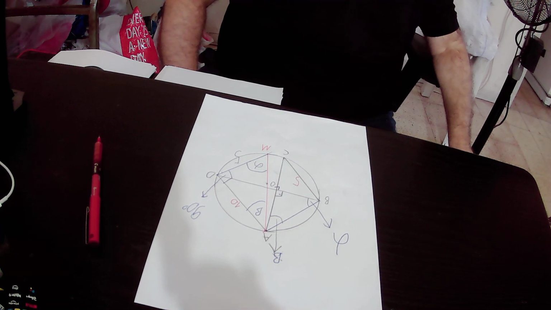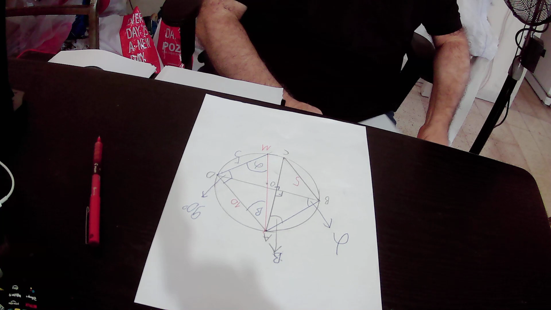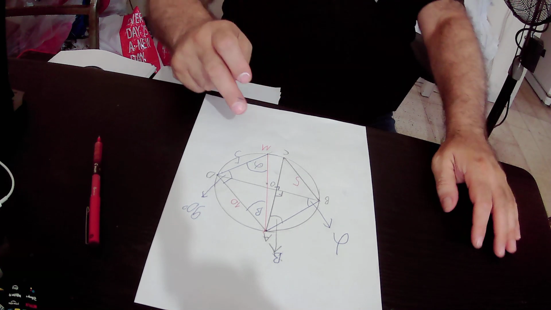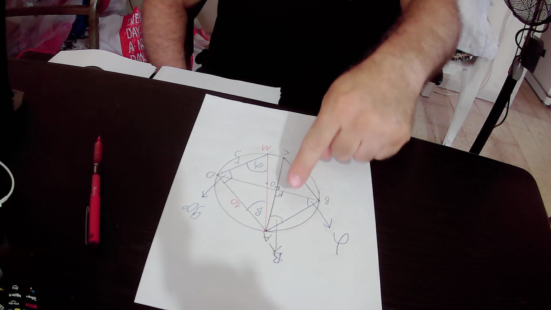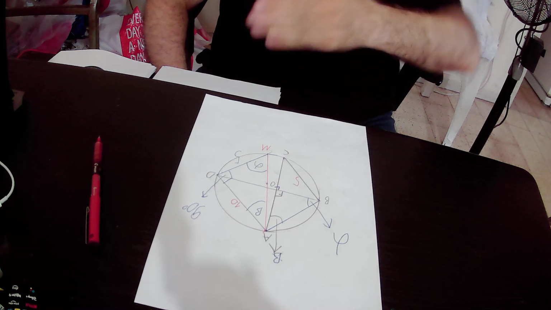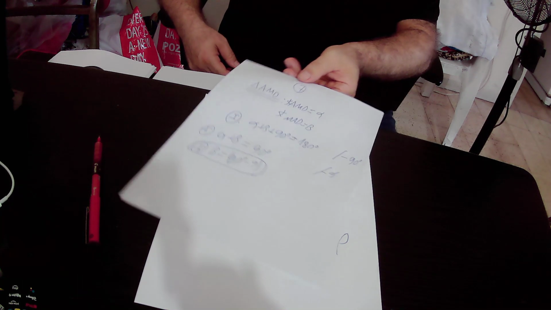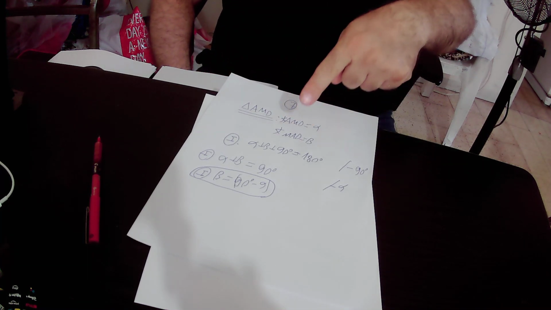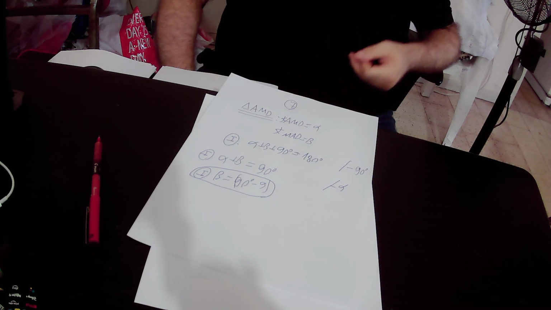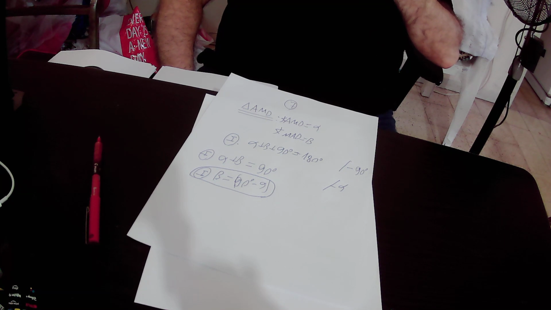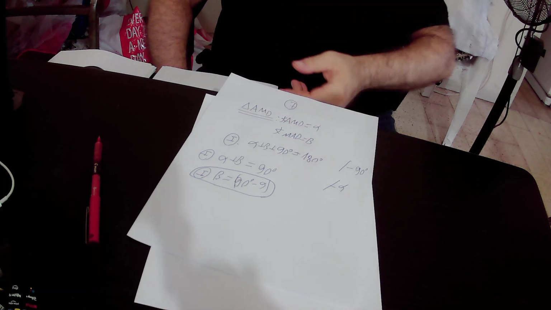We know that the sum of the angles in any triangle, especially in the right triangle AMD, equals 180 degrees. So alpha plus beta plus 90 degrees equals 180 degrees. This is our first equation, and we get that beta equals 90 degrees minus alpha.